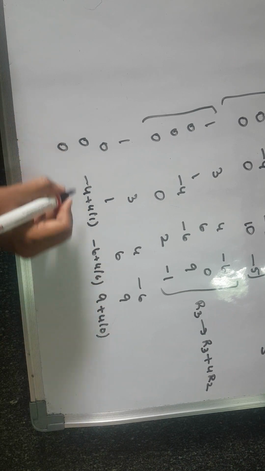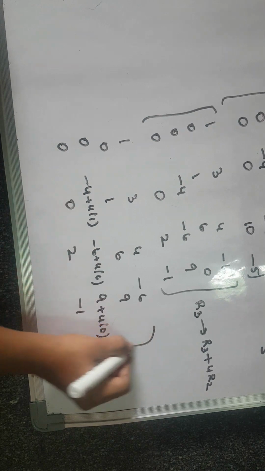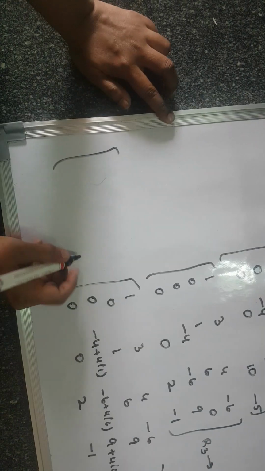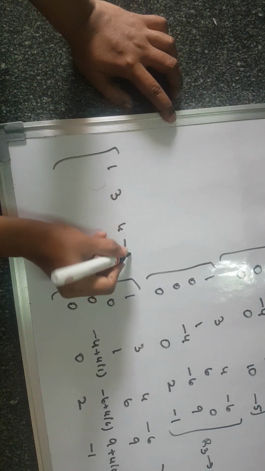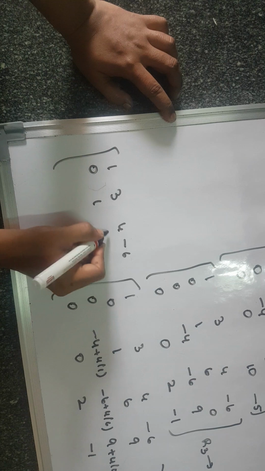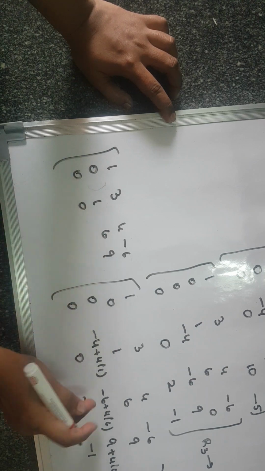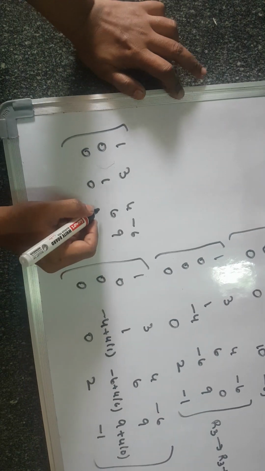Here 0, 0, 2, minus 1. Now these values become 1, 3, 4, minus 6, 0, 1, 6, 9, and 0, minus 4 plus 4 is 0, minus 4 plus 24, minus 6.